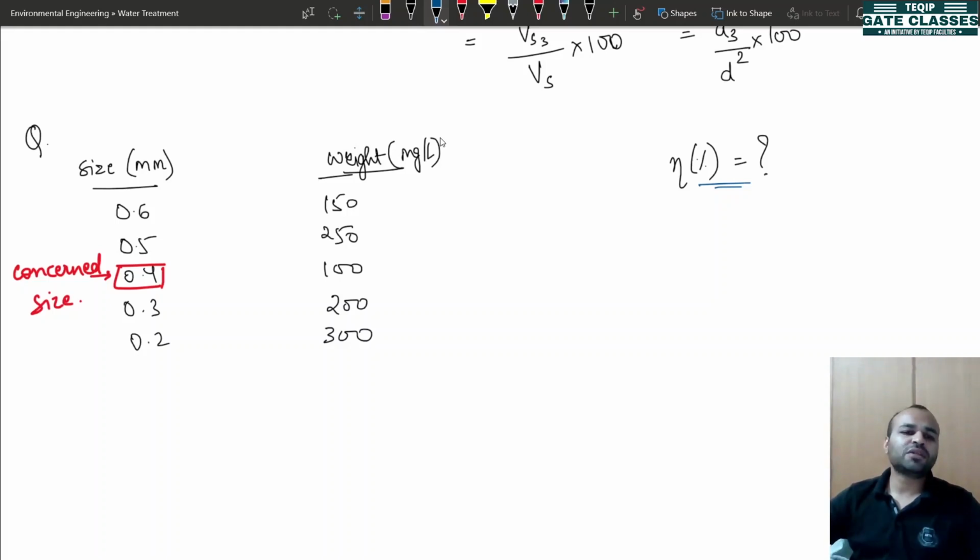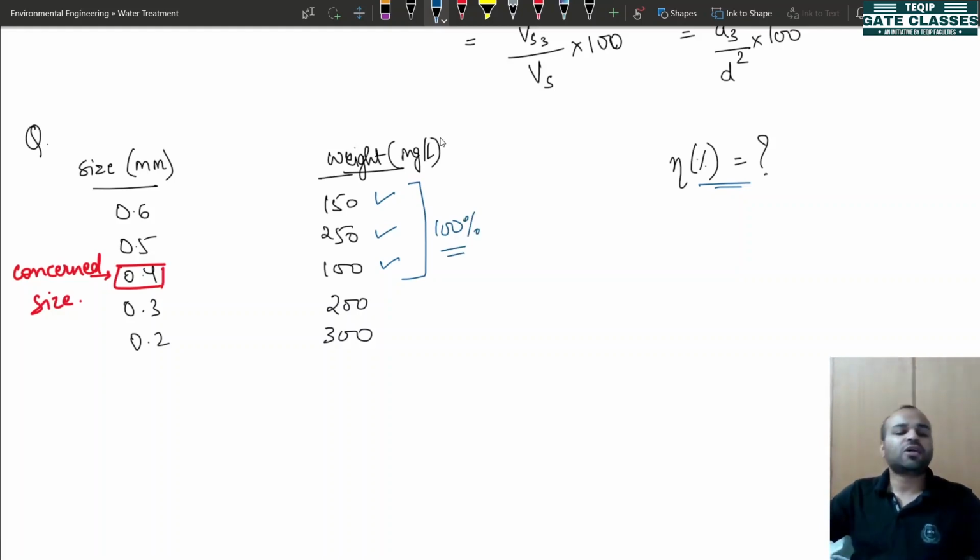So based upon the given values of particle size and the concentration and the concerned size particle, which is given as 0.4, can I conclude based upon the cases that we have discussed above that all the particles of the concerned size, that is this, and above it, that is 0.5, 0.6, all these particles will be removed completely. Their removal will be 100%.